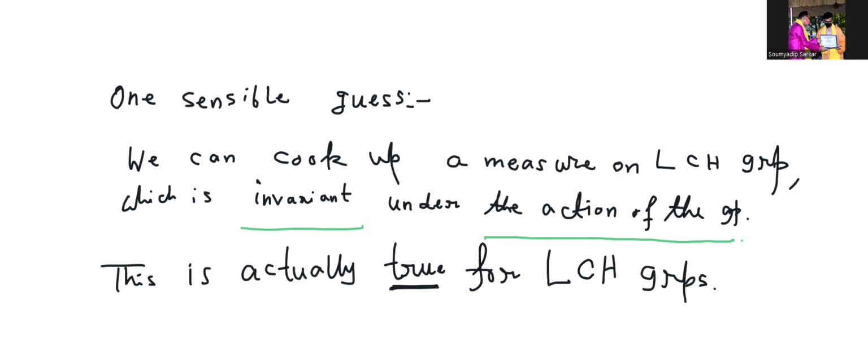That means positive linear functionals on compactly supported continuous functions correspond to some unique Radon measure. So locally compact spaces are very nice. One sensible guess is that in a locally compact Hausdorff group, we can cook up a measure which is not only a Radon measure, but also invariant under the action of the group. And fortunately, this is actually true for locally compact Hausdorff groups.